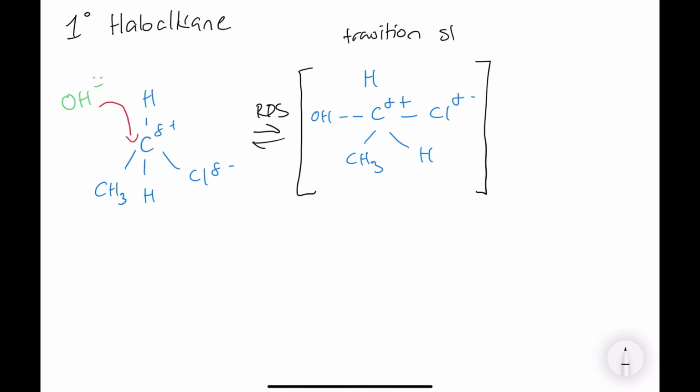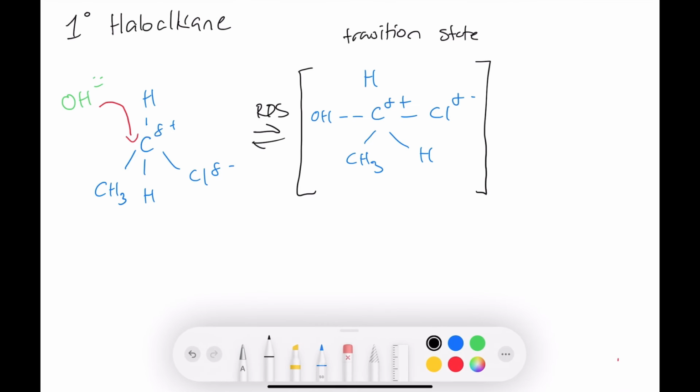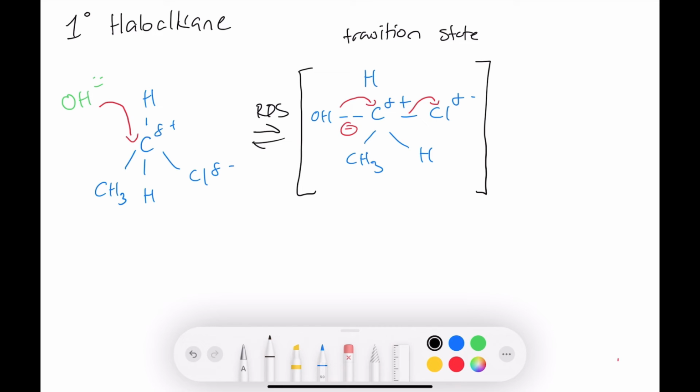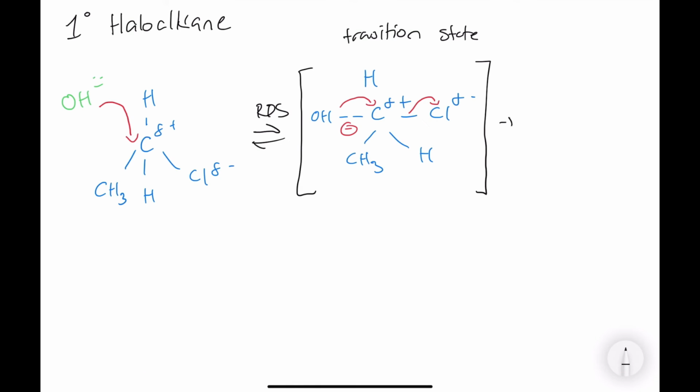But what happens in this transition state is that as the hydroxide ion is giving its electrons to the electron deficient carbon, this becomes very negative over here. So the electrons in the bond between the carbon and chlorine actually get repulsed, and then the electrons from this bond go to the chlorine. Kind of something similar to what happened in the previous reaction.